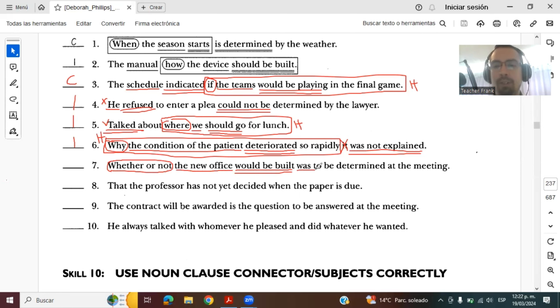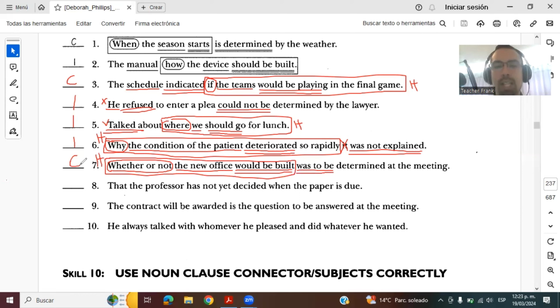We have another verb here, was to be determined at the meeting. Who or what was to be determined at the meeting? Whether or not the new office would be built, right? In this case, this is the complete subject, because again, I could say it was to be determined at the meeting, and everything is in order. So yes, number 7 is correct. No problem with number 7.